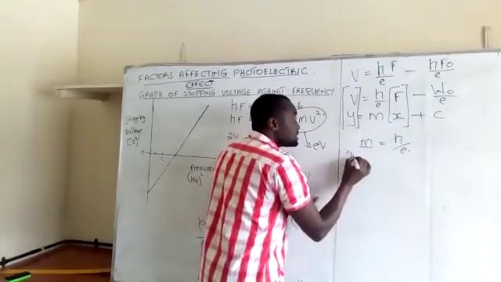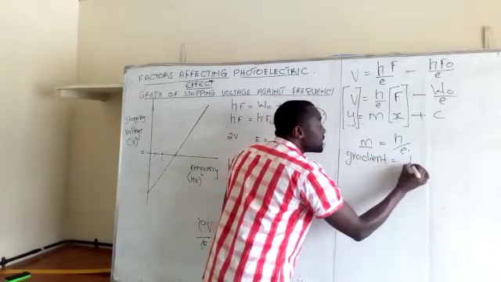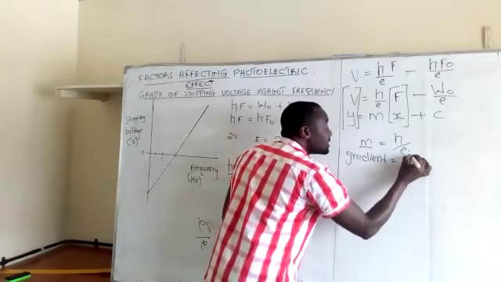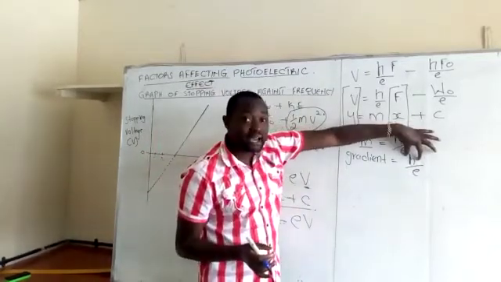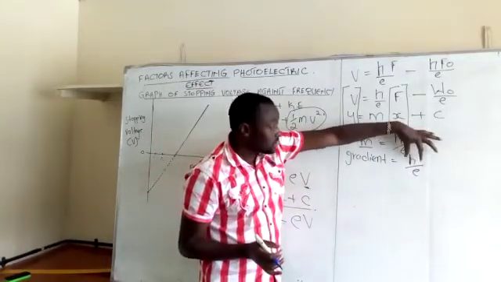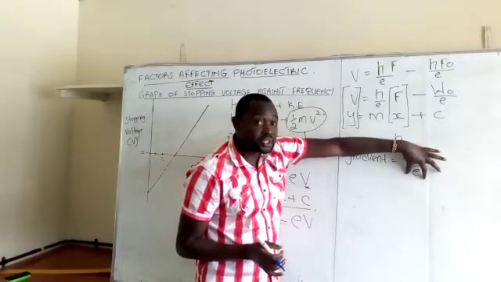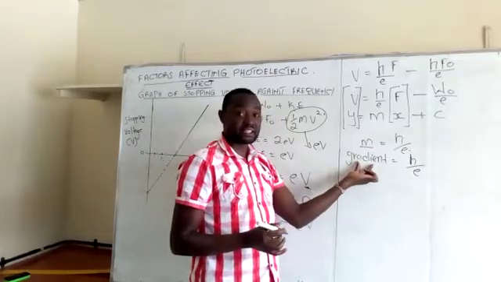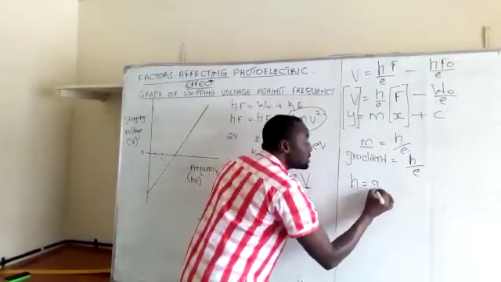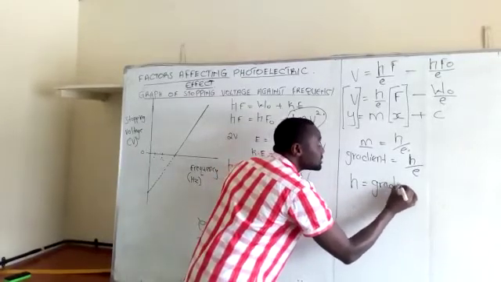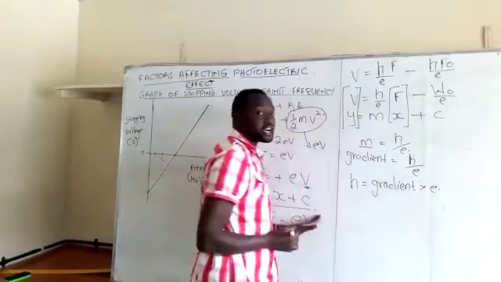The gradient equals h over e. And therefore, we can use this graph to determine the Planck's constant. The Planck's constant divided by the electron charge gives us the gradient. That means that Planck's constant will simply be the gradient times the electron charge.